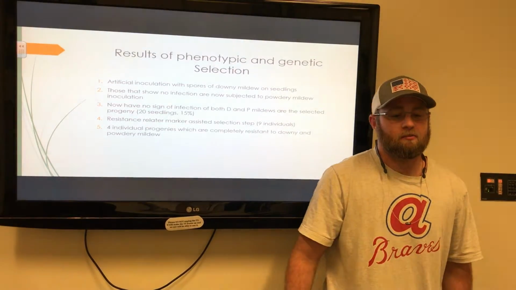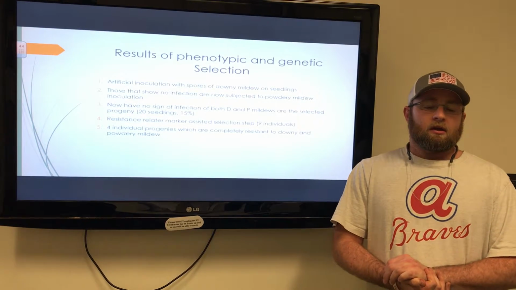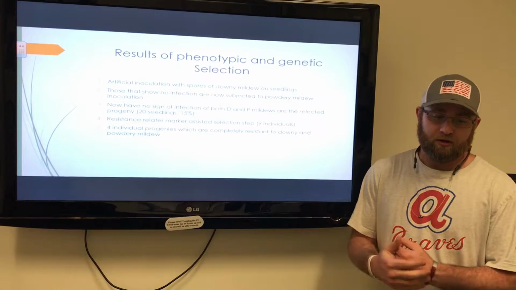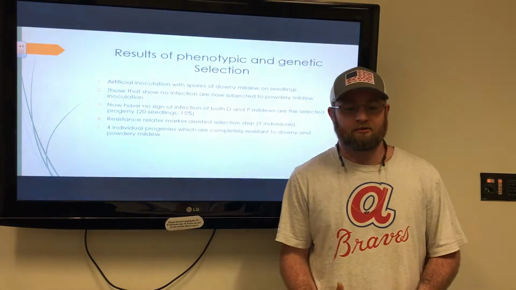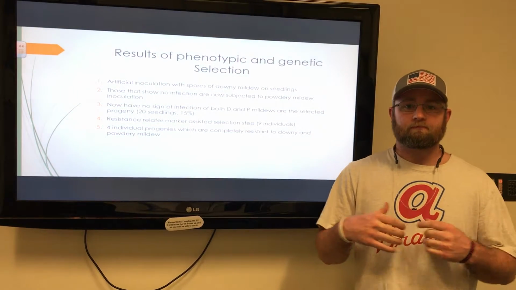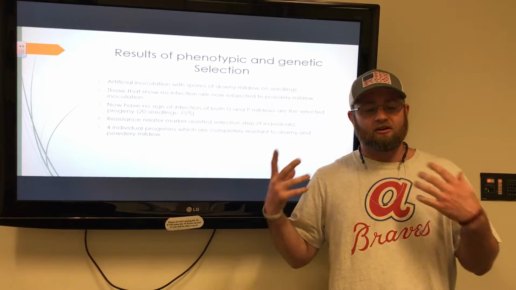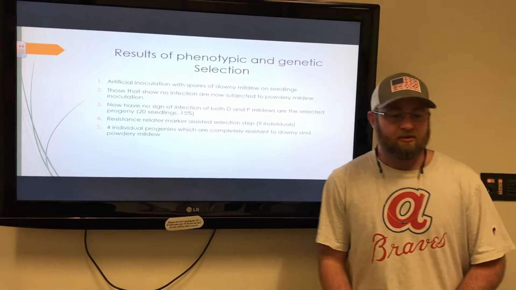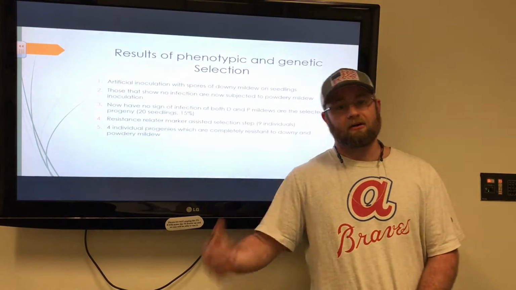All right, so the last figure I'm going to show you is going to be a pyramid. First, they show you the total progeny, and then they artificially inoculate it with spores of downy mildew. They take out of those 119 progeny the ones that are not affected or that show resistance to downy mildew, and then they artificially inoculate them again with powdery mildew.